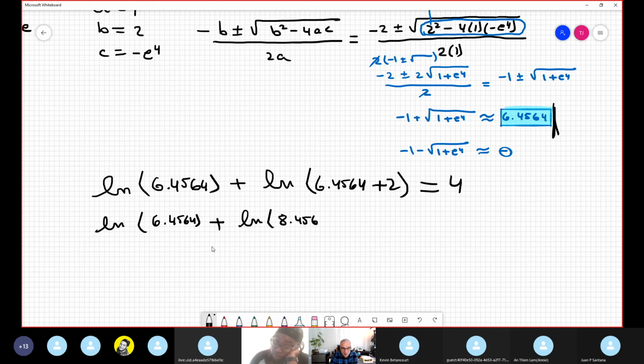Together it is the logarithm of, let me multiply, 6.4564 times 8.4564. Boom, I get 54.5979. Okay, should be 4.